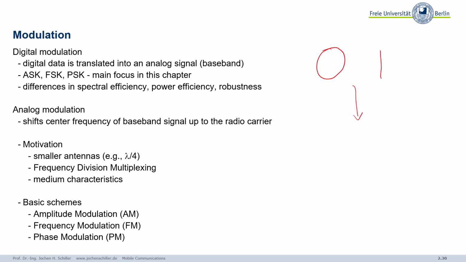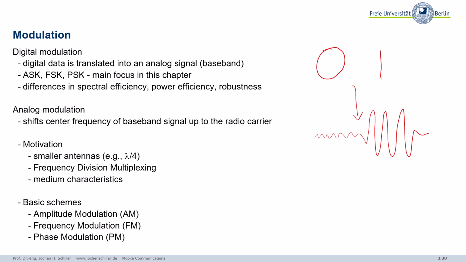So 0 could be a certain sine wave, a very weak one, and 1 could be a strong one. We could even think of on-off or something like this. That's a very simple way of modulation.